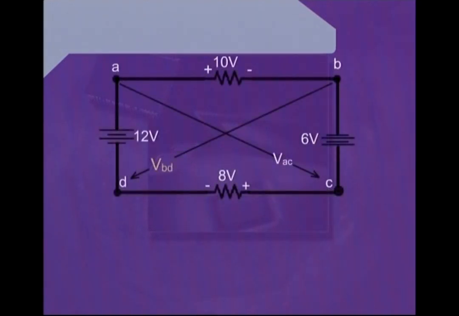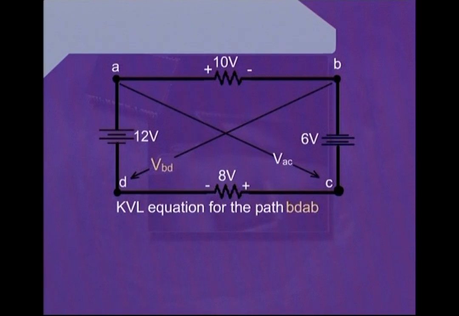Now, once again, we take the alternative mesh and apply the KVL rule to this alternative mesh. Therefore, starting from the point B and looking towards the point D, we can see that there exists an imaginative voltage source which has been marked as VBD.